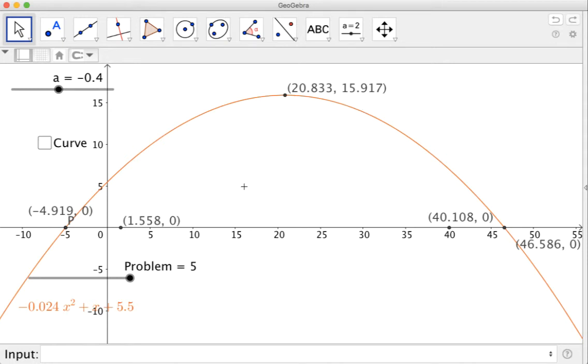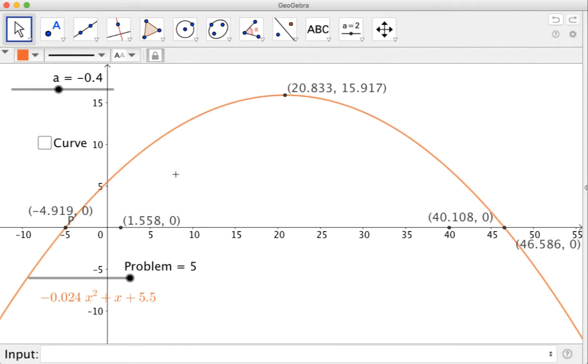Finally, we were asked, suppose we wanted to figure out the interval during which the shot put was at least 7 feet off the ground. So what we did was set our function equal to 7. Then we subtracted 7 from both sides to set it equal to 0, and we got a new function, and we found the zeros of that function.